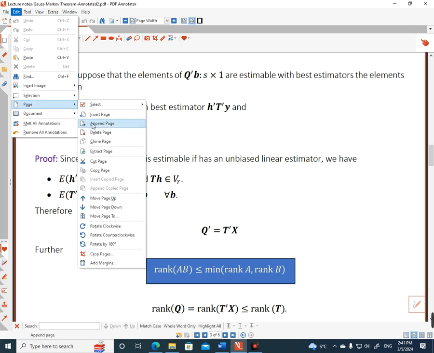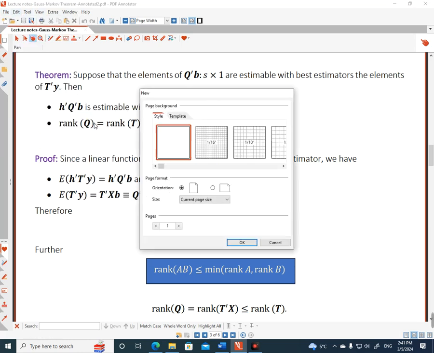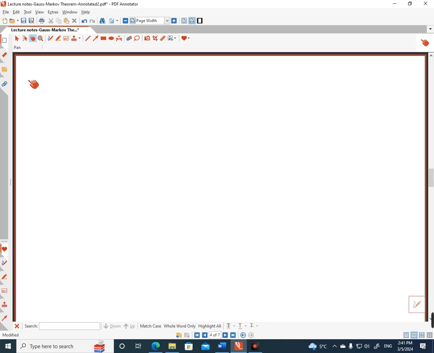Let's open the page, and remember the common example that we carried on through these notes: y1, y2, y3, which we had as alpha plus beta minus gamma, the second element the same, and the third element the sum of all the parameters.